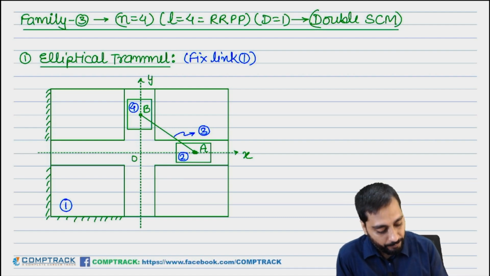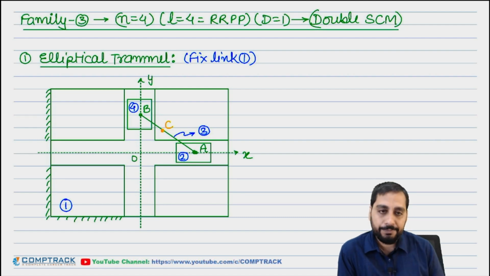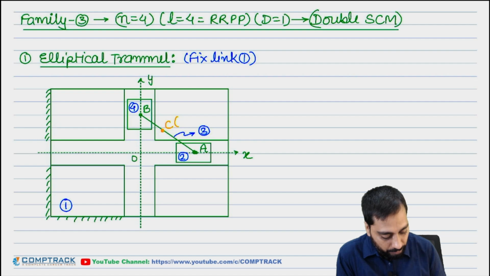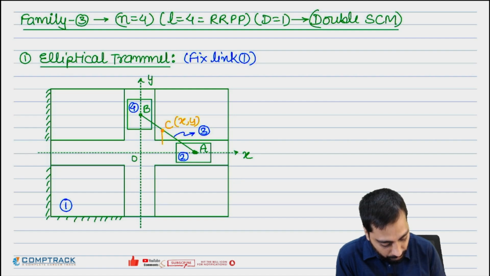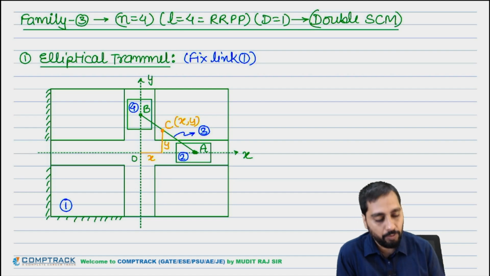Okay, now let us assume this is any general point C on the bar AB. So the general coordinate of C will be x comma y. Okay, so this distance will be your y distance and this distance will be your x distance from the origin.